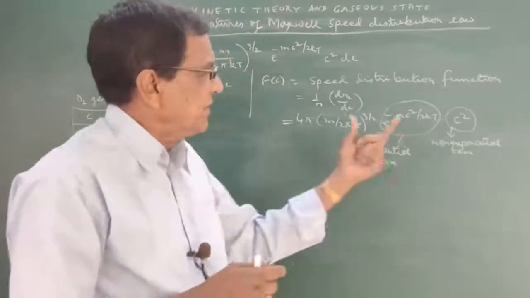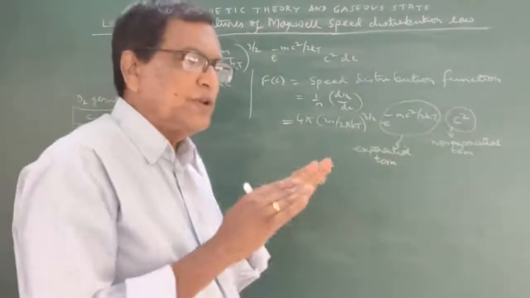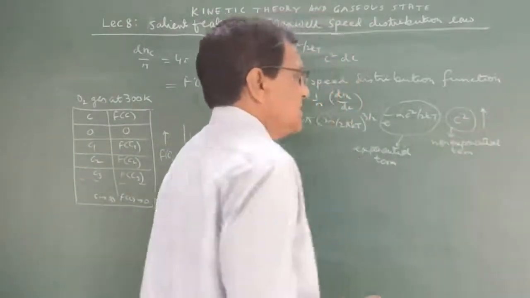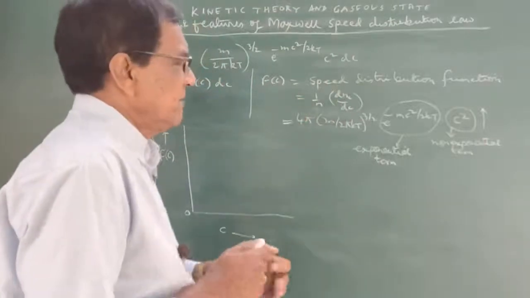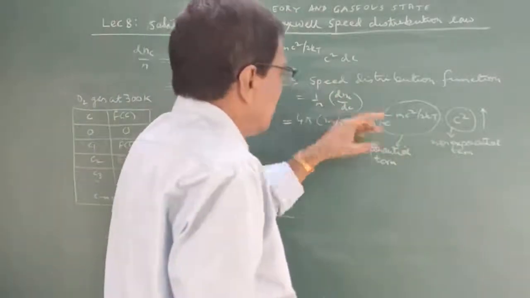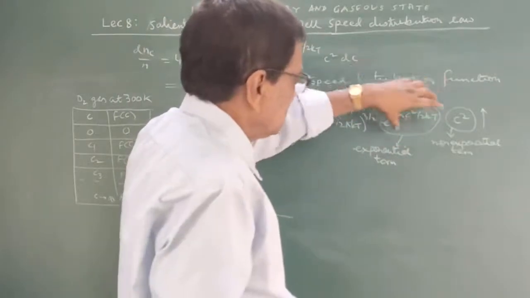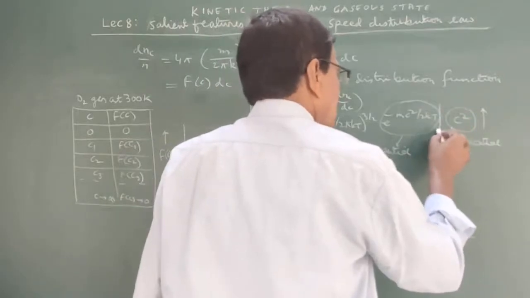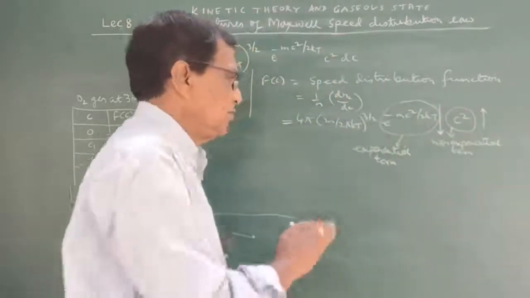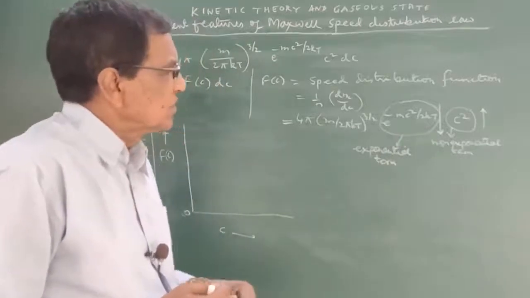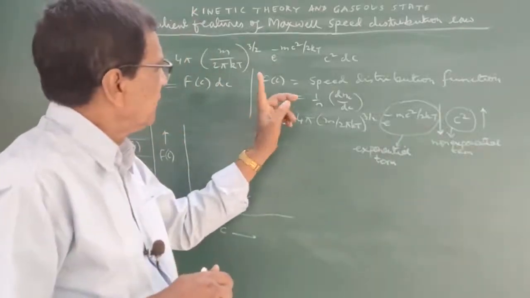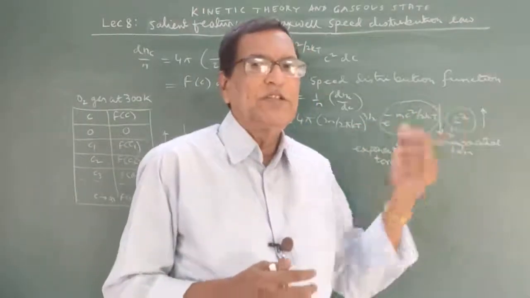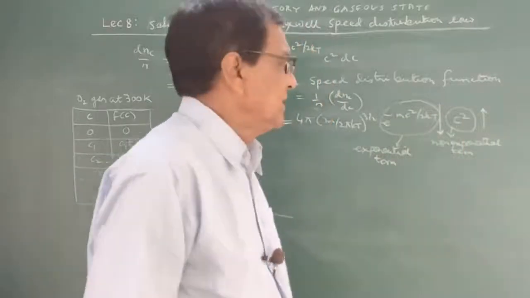With increase of C, the C square term will increase the value of Fc, but with the increase of C, the exponential term decreases, so it will decrease the value of Fc. So the actual value of Fc depends on the relative magnitude of these two terms.